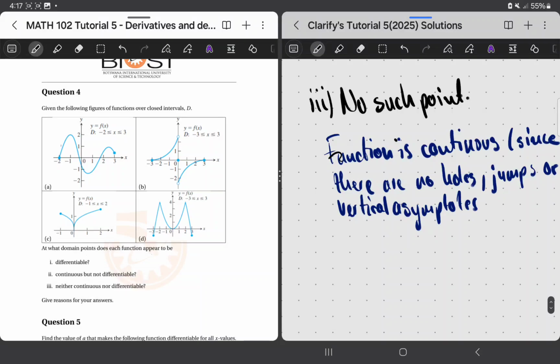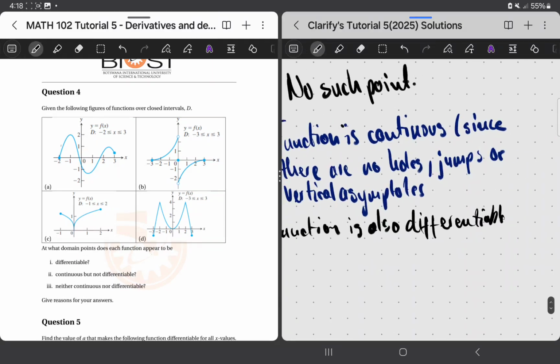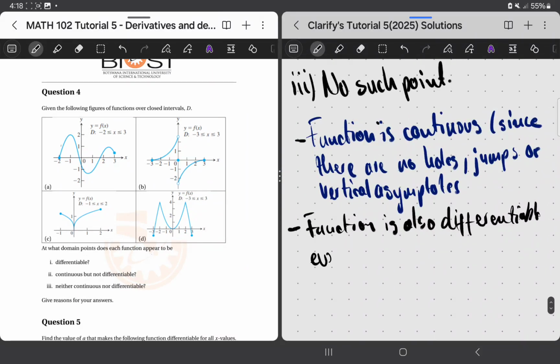Okay, you understand? And then you can now say function is also differentiable everywhere throughout the domain D. Why?